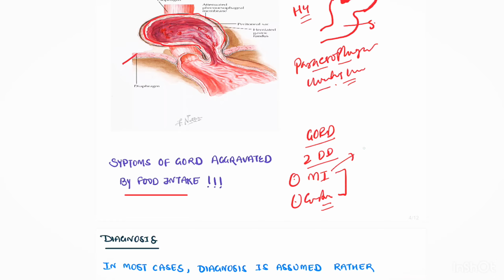In MI there is a history of epigastric pain with nausea and vomiting, with restlessness. So if the pain is aggravated by food intake, then we can think of gastritis and GERD.